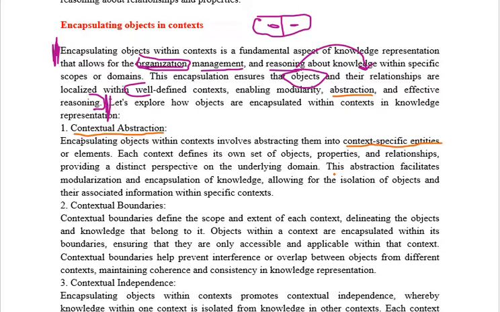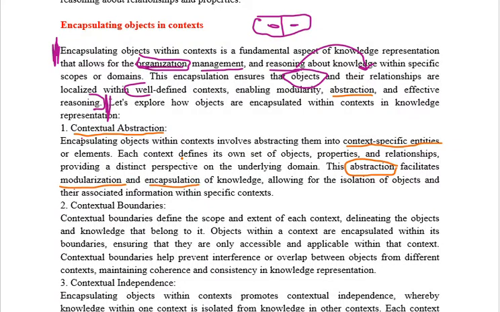Okay. Next, this abstraction facilitates modularization and encapsulation of the knowledge. Modularization and encapsulation of the particular information are facilitated by the abstraction concept. Next, it allows the isolation of objects and their associated information within the specific context.